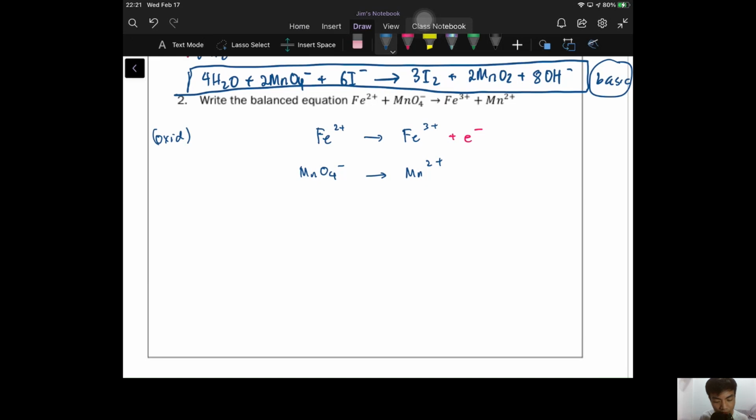Okay. So, punta tayo sa baba. So, sa baba, we have permanganate ion producing Mn2 plus after the redox reaction. So, balance mo muna yung manganese atom. So, tig-isang Mn yan. So, that's good. Ang problema natin is yung oxygen. So, may apat na oxygen sa left side. Sa right side, wala.